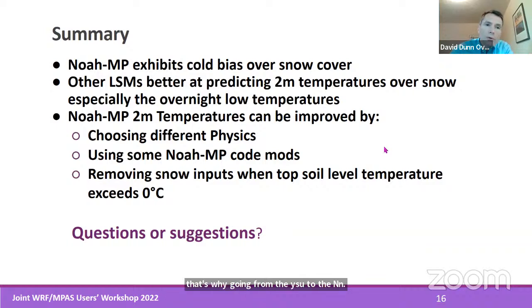I had some other slides showing what the YSU and the NOAA MP do to the vertical profile at CTAC, and there was this amazingly sharp, unrealistic inversion that was created with the YSU and the NOAA MP that I was able to mitigate by using the MYNN and or doing all these other modifications too.